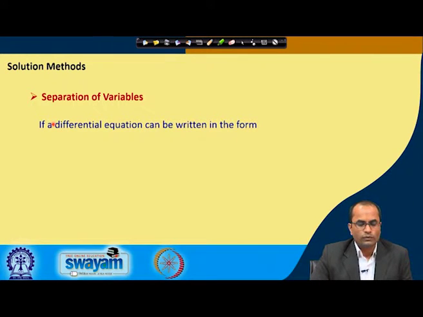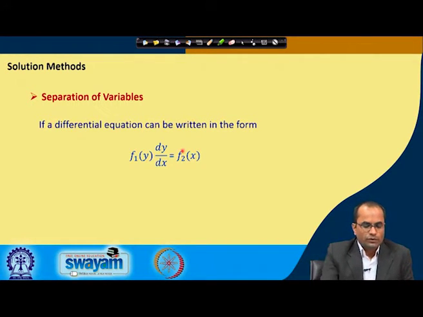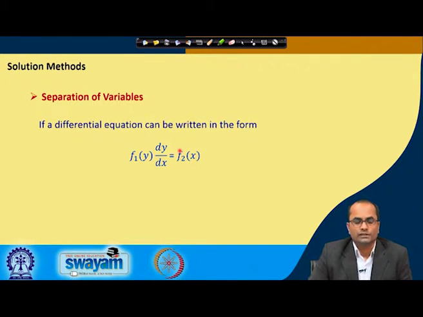Here, if a differential equation can be written in this form, f1(y) dy over dx is equal to f2(x), the point is that everything that is a function of y can be collected on one side and the function of x on the other side. In that case, we call this equation variable separable, because now we can easily integrate it, with the left hand side only a function of y and the right hand side a function of x.